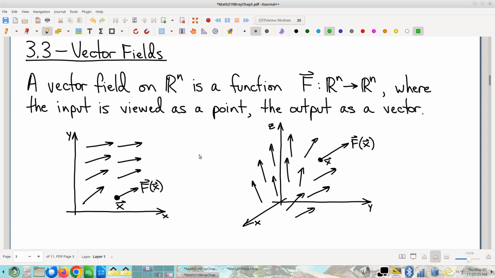Some books, like ours, introduce vector fields early, which has the advantage of letting y'all have a little time to digest and get used to this new kind of mathematical object that you probably hadn't seen before. We can't assume you've seen it before. Anyway, we're going to introduce them early.